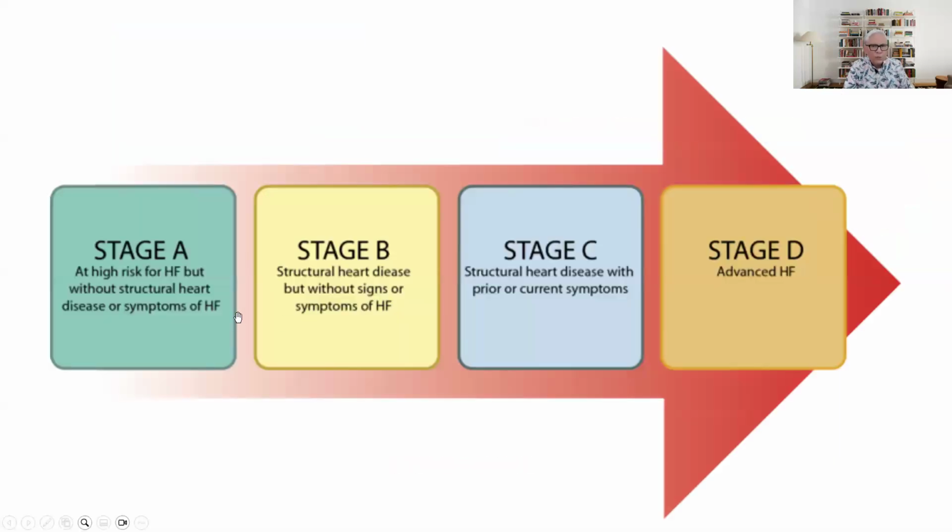They stage it to stage A, B, C, and D. Again, the further it is, the more advanced the heart failure is. So that's all I wanted you to be aware of in relationship to the classifications of heart failure based on its severity.